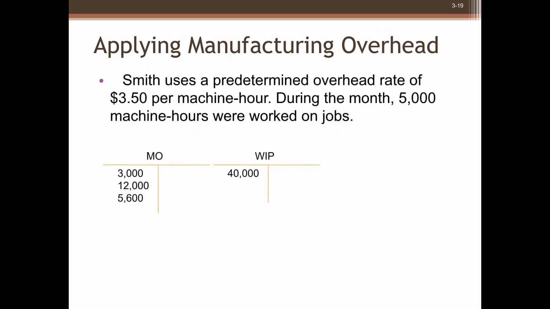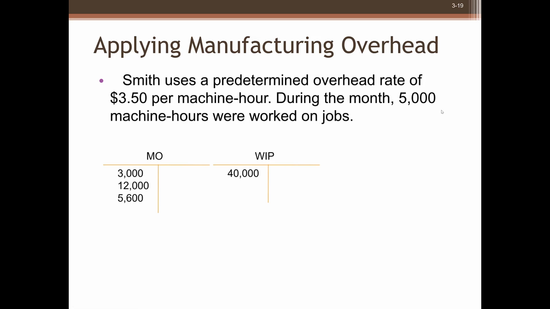Let's take a look at our example. Smith uses a predetermined overhead rate of $3.50 per machine hour. During the month, 5,000 machine hours were worked on the jobs. To calculate applied manufacturer overhead cost, we use a predetermined overhead rate $3.50 multiplied by actual level of allocation base.